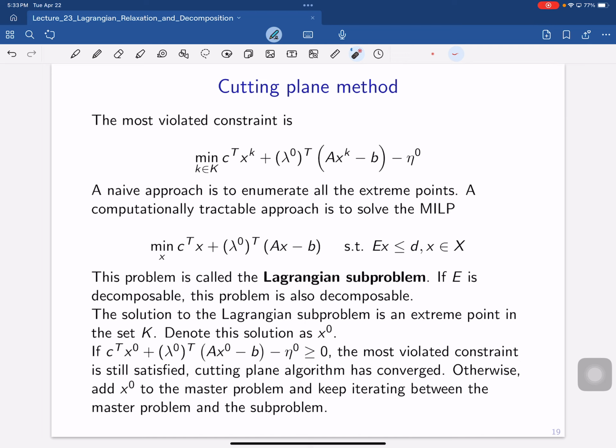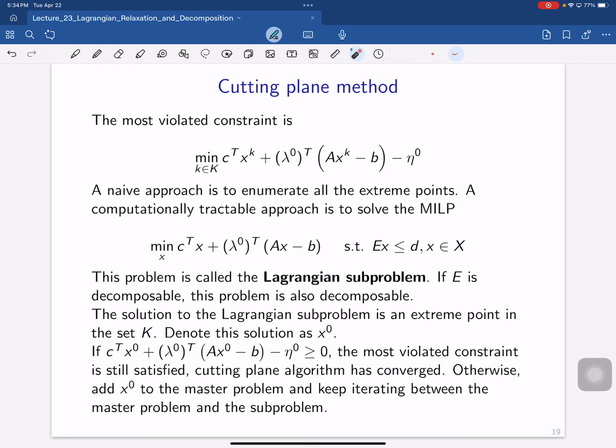But what you are interested in is finding the most violated k. A naive approach would enumerate all the extreme points, but it's not tractable. The tractable way is to solve a minimization problem with this MILP constraint, then you can call a solver to find the most violated extreme point.